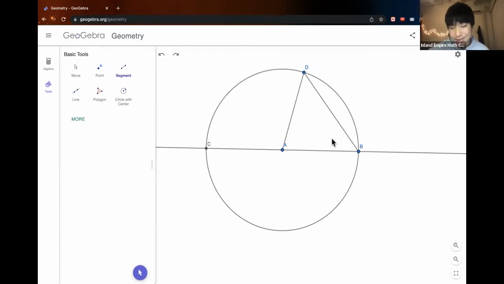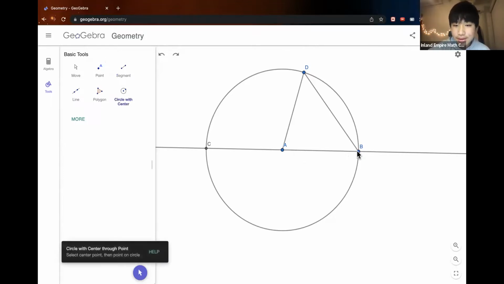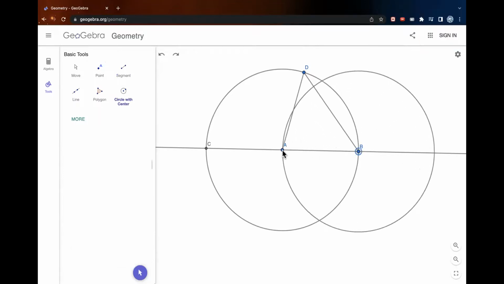But the problem is, of course, that we have this other length, DB, which we don't know, and we can't find a way to make sure that DB equals DA and AB, right? D could be anywhere on the circle, but what if we create another circle like this?